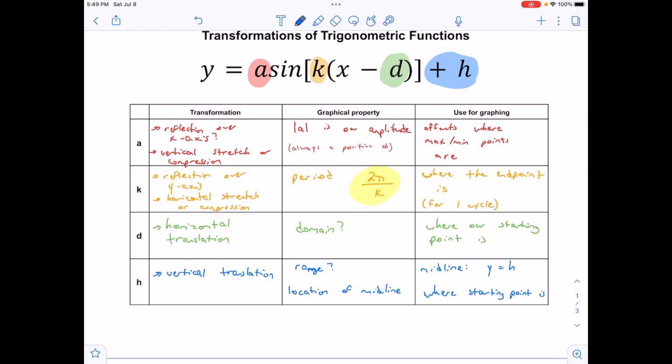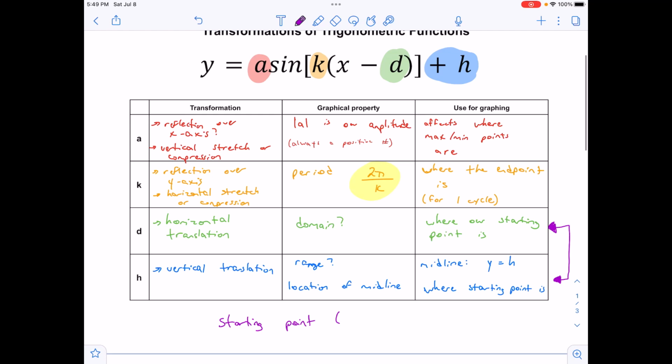Okay, and we've now got two variables that contribute to our starting point. We've got D and we've got H. Our starting point for sine functions is located at D, comma H.